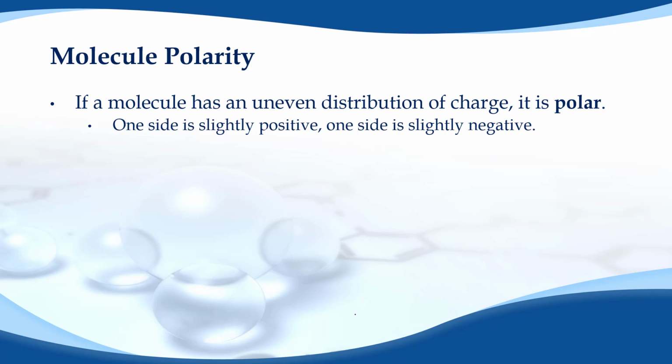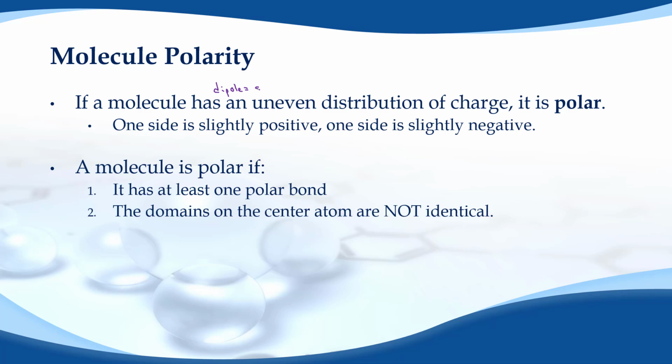The easy way to determine if a molecule is polar is it has to A, have at least one polar bond, so one bond between different atoms, and B, all the domains cannot be identical. If all the domains are identical, then those dipoles in 3 dimensions will wind up canceling each other out, right?